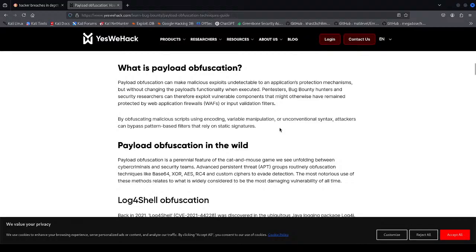By using encoded variable manipulation or unconventional syntax in malicious scripts, attackers can bypass pattern-based filters that rely on static signatures. Like I was telling you, these firewalls will catch very basic payloads, whether they're XSS, an SQL payload, a path traversal payload, or an SSRF payload.